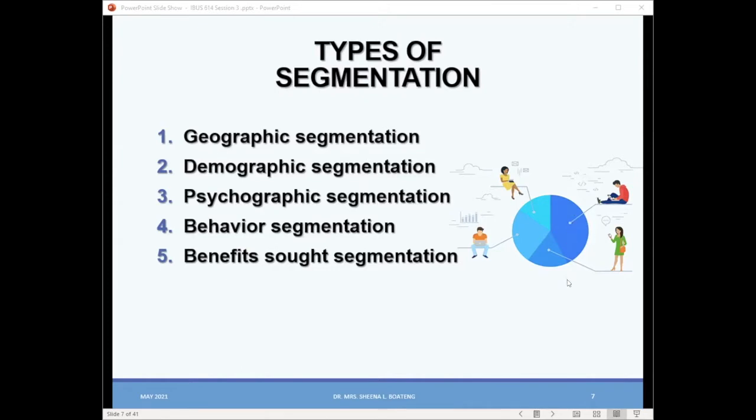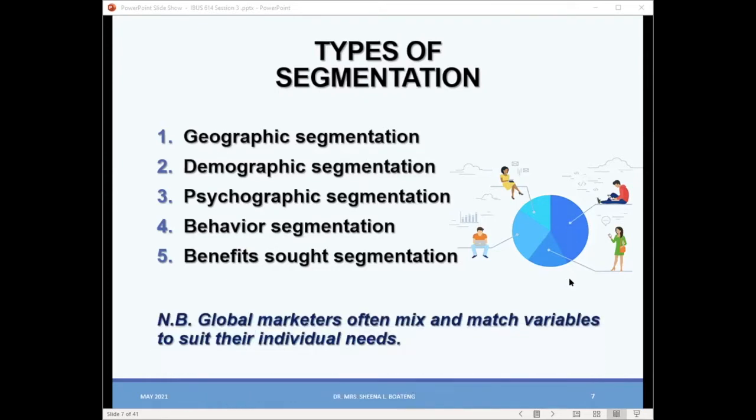Now, depending on the combination of these segmentation variables that are used, a firm can classify the nature of segmentation that they are applying. So for instance, if a firm is applying a combination of geographic and demographic segmentation, they would combine the names of the two and perhaps refer to it as a geodemographic segmentation tactic.